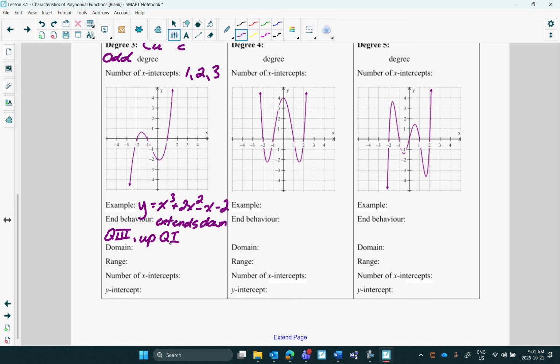The domain of this one, furthest left to furthest right? Yeah, negative infinity to positive infinity. The range of this one? Negative infinity to positive infinity. How many x-intercepts does this one have? 3. What's the y-intercept? -2.